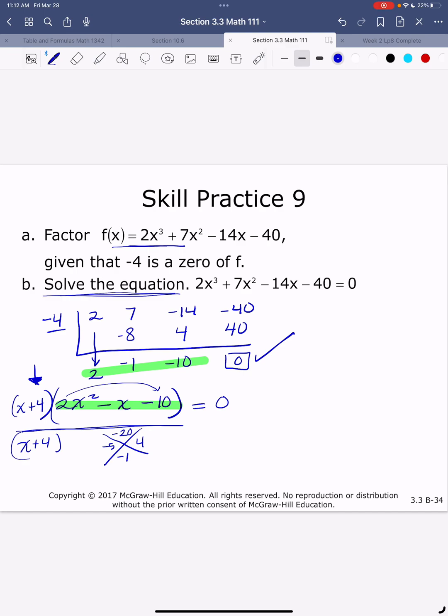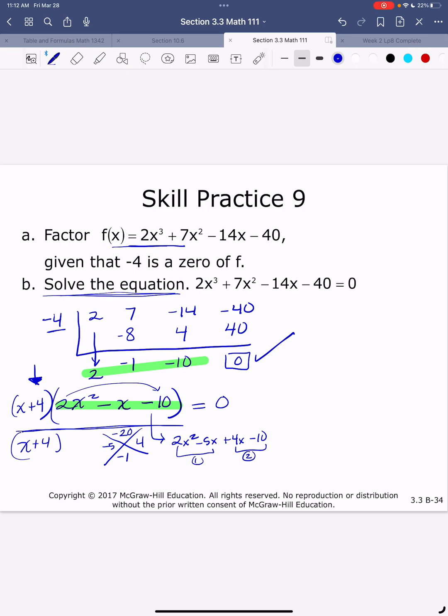So if this is the case, then remember I need to proceed now by factoring by grouping. So I'm going to have a 2x squared minus 5x plus 4x minus 10. Factor out what's common in group 1.